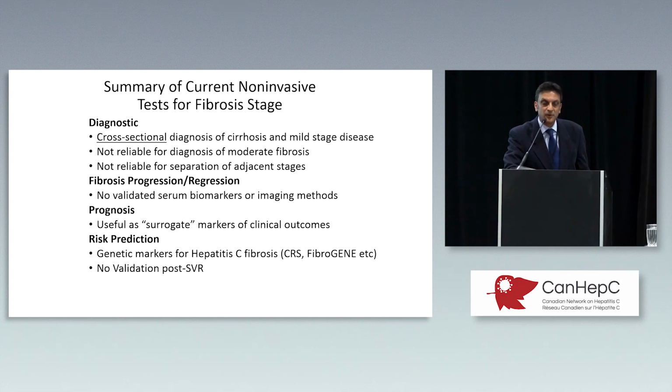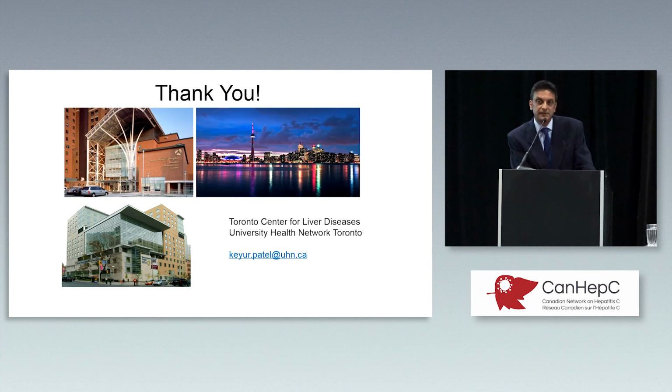But again, these have fallen by the wayside and are not routinely available. These genetic markers have not been validated post-SVR, and there are no real prognostic or risk predictor variables which correlate with fibrosis post-SVR. That's the last slide.